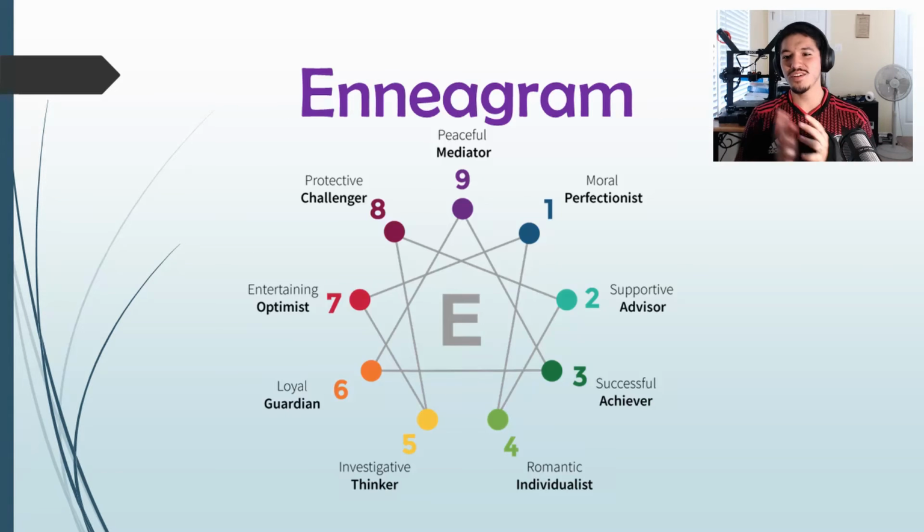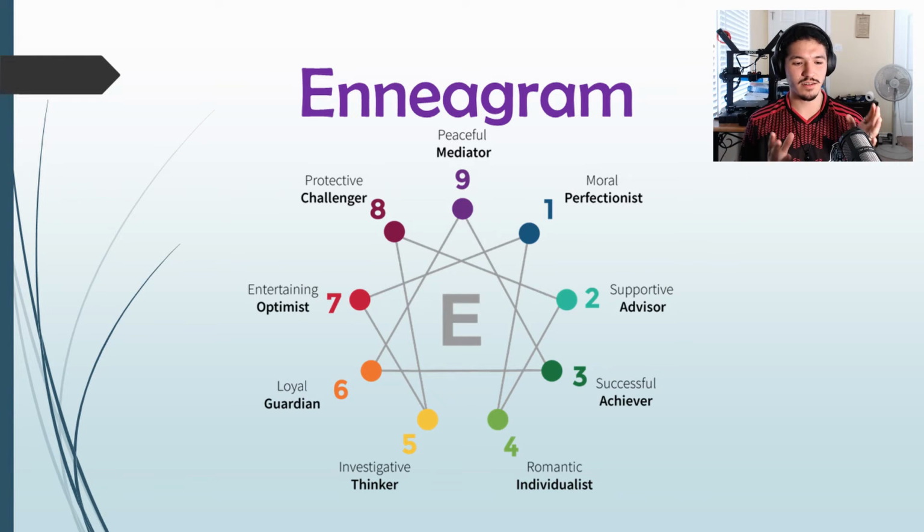So now let's move on to the Enneagram. The Enneagram is composed of 9 types. As you can see in the picture, what the Enneagram basically tries to explain is your core motivations and your core fears, basically what drives you.